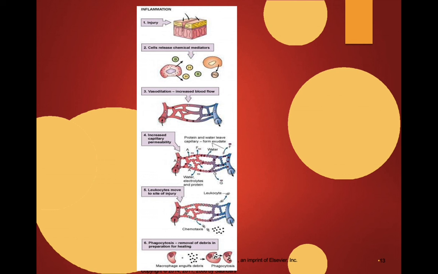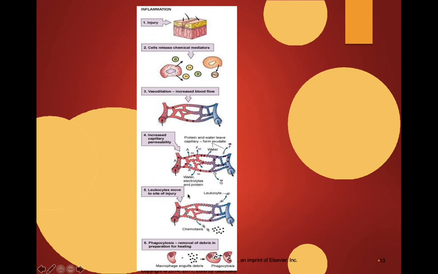Always water. So it's going to move at an increased rate into that direction, and now that area becomes very, very swollen. You could see here the protein and water leave the capillary, and it forms what we call an exudate. That liquid, that interstitial fluid that is increased, is called exudate. You see that right there, that term exudate.